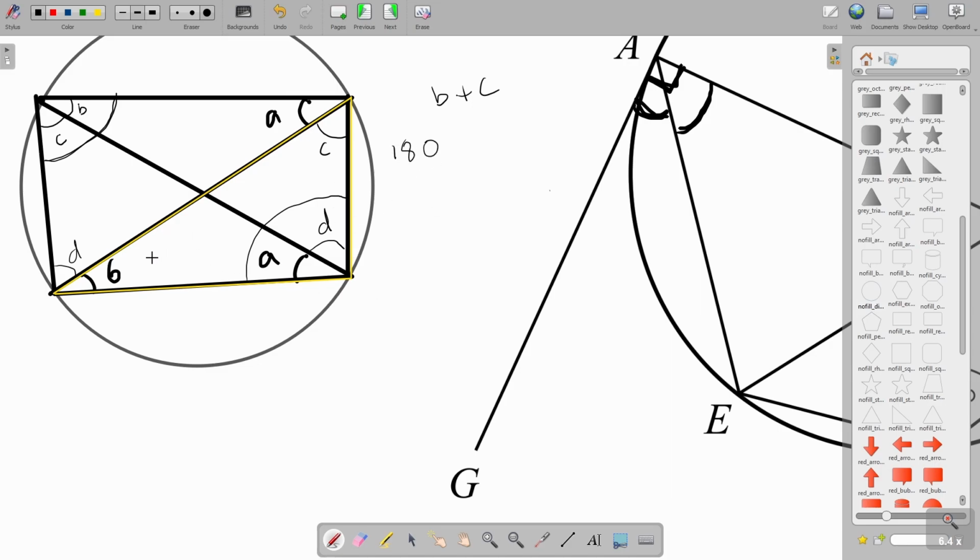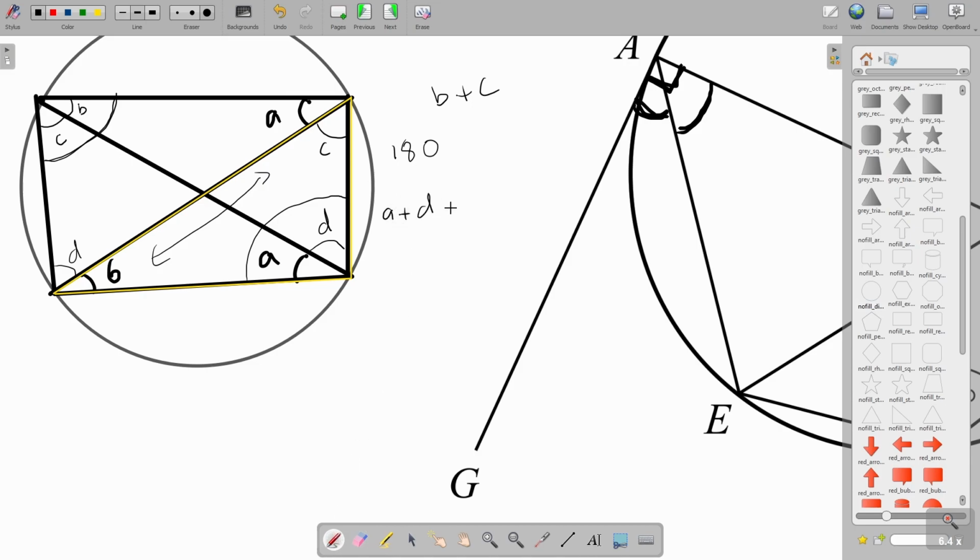We know that B plus C is equal to this angle, and it's also two sides. So can we say that A plus D is equal to 180 minus B plus C? Let me rewrite that better.